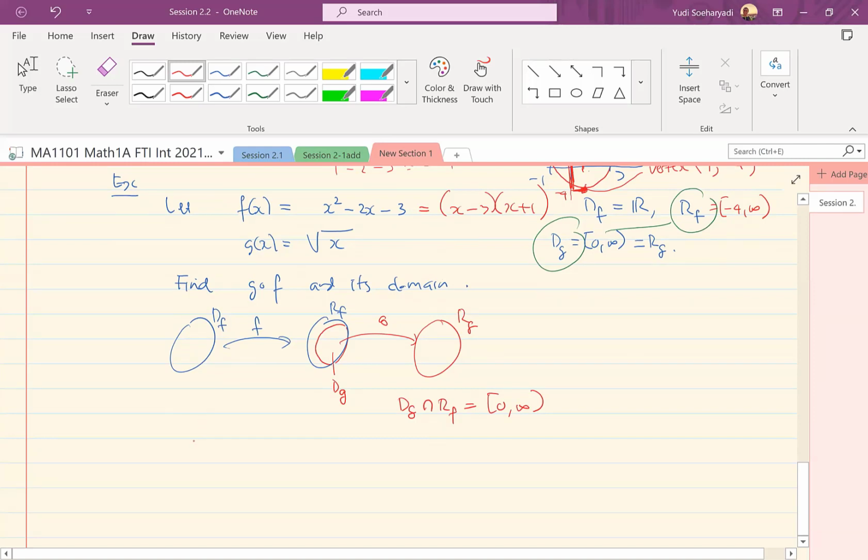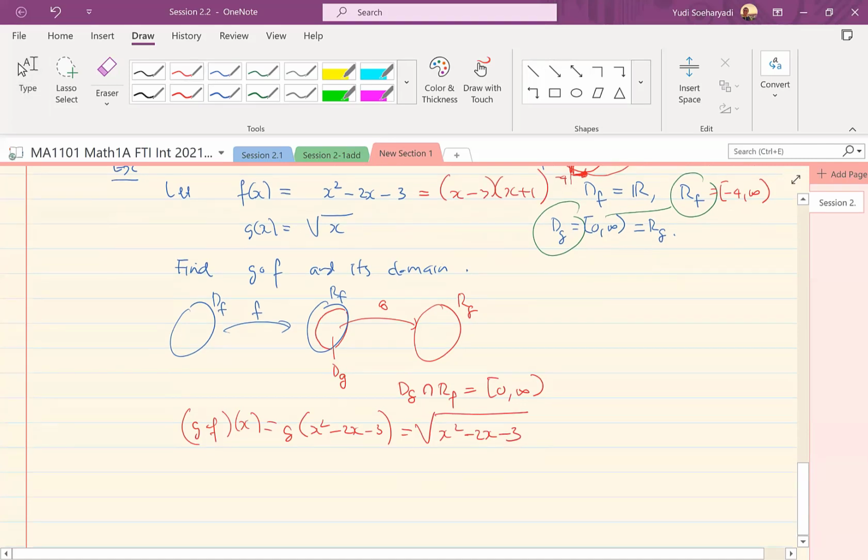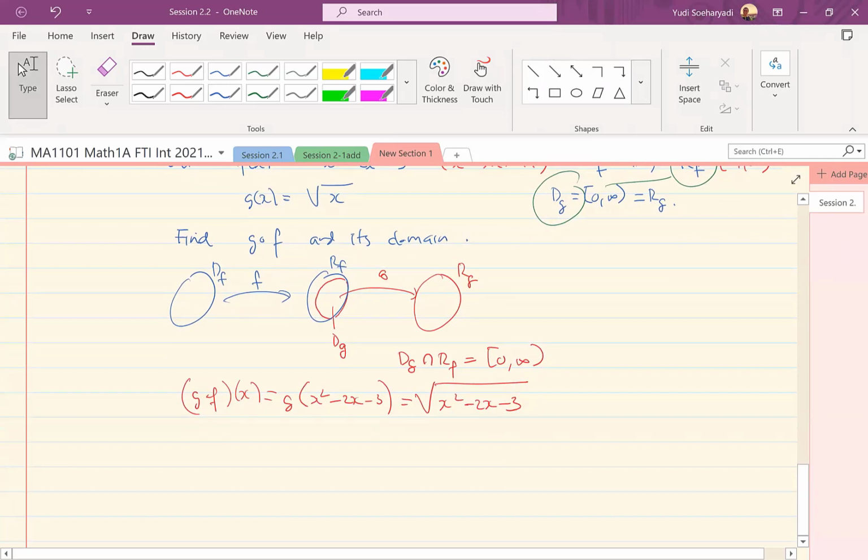Okay, so what we have here is that we compute G of F. The formula is G of F of X. F of X is, right? So what we have so far.